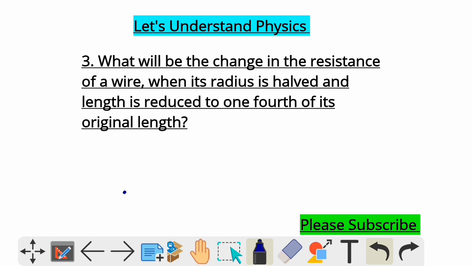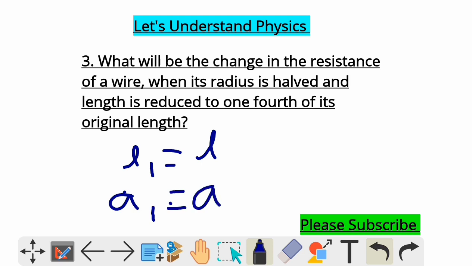Understood? Now, let us take the initial length. First, L1 is equal to L, A1 is equal to A. Here they have given the radius of the wire's cross section, that's why it is a circle. So the area of the circle will become pi r square.